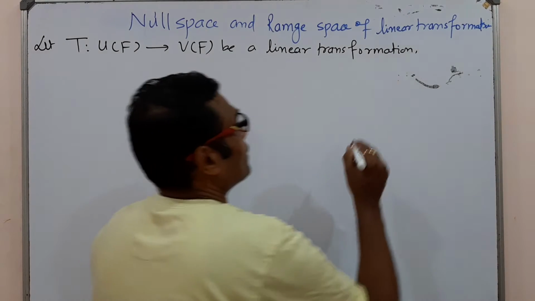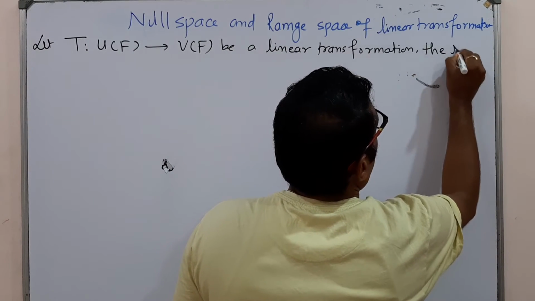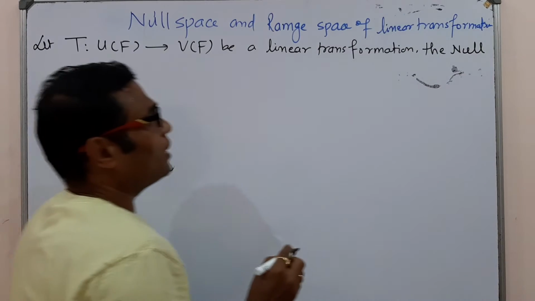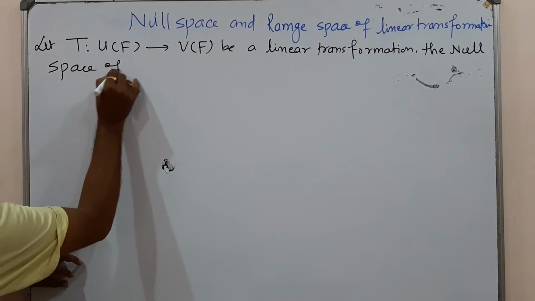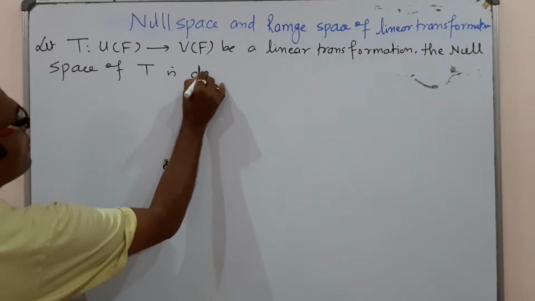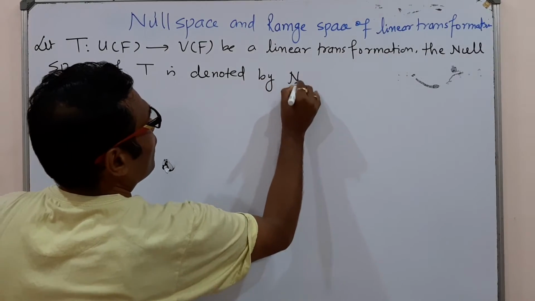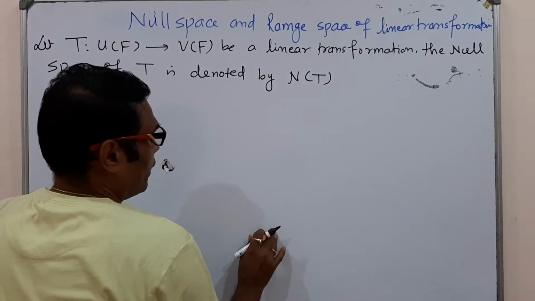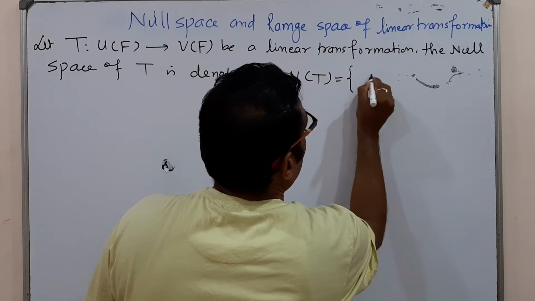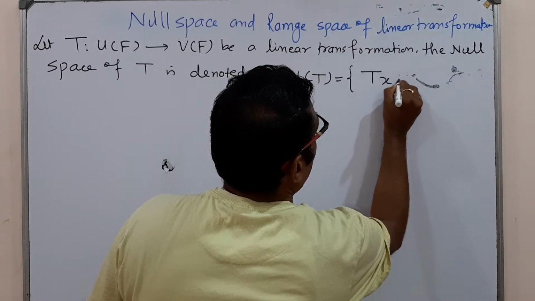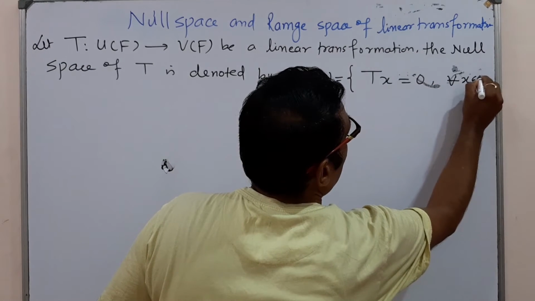Then the null space of T is denoted by NT, and it is the set which contains the elements x such that Tx is equal to 0, for all x belongs to UF.